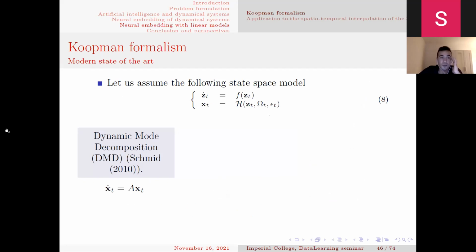Okay, so a quick look into some, not all, of the modern state-of-the-art literature on the derivation of approximate Koopman representations. Assuming that we have the following state space model with a hidden state that we do not observe and with some observations, the first classical technique, what we call dynamic mode decomposition, simply computes the best linear fit that advances the observations in time.